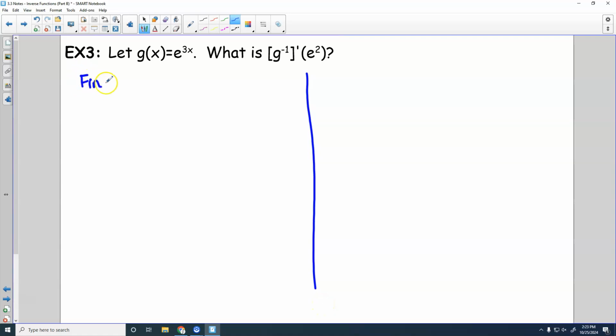We're going to find the inverse. So one way is that we can just find the inverse, right? We can switch our x and y's. So we'll have x equals e to the 3y. And if I'm solving for that new y right there, what do I have to do?